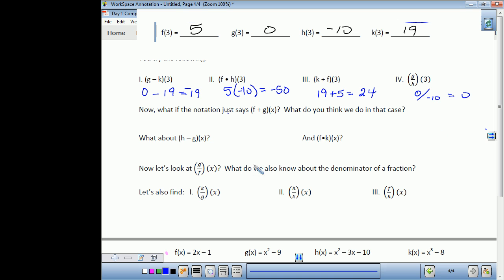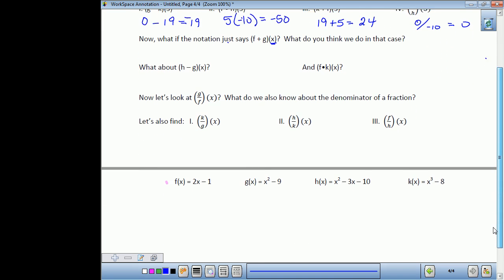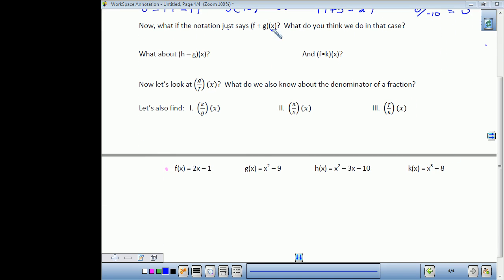Okay, now what if the notation doesn't have a number right here? Then you have to do it the long way. In that case, if we do not have a number in which we're evaluating the function for, we just add them.